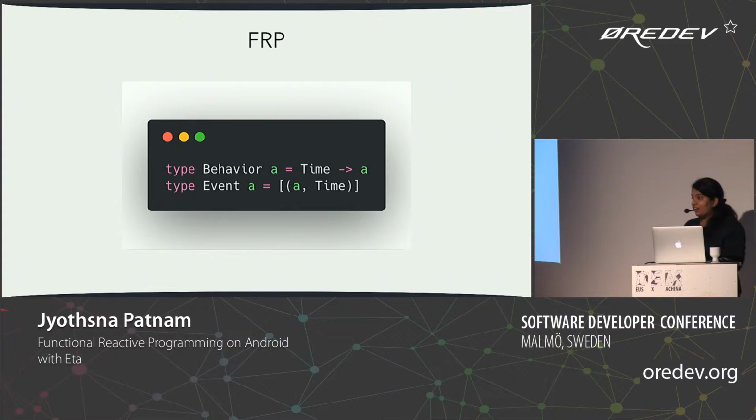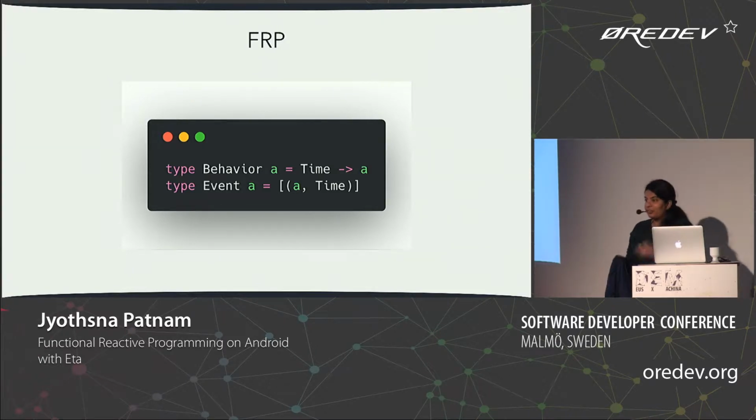Now, let's talk about functional reactive programming, after understanding what reactive programming is. We already spoke about reactive programming as discrete values of time. Okay, sorry about that. So in functional reactive programming, the basic concepts are behaviors and events. Events are nothing but what we've discussed until now.